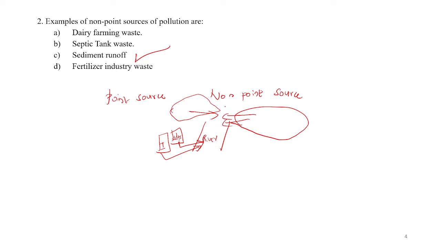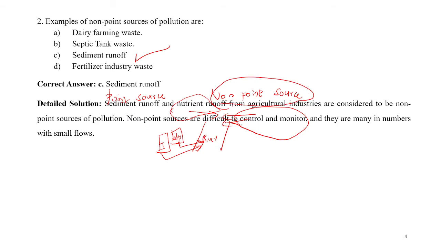Sediment runoff is another such example. So this type of pollution source is called a non-point source of pollution. So I hope the answer is clear to all of you. So let us move on to the next question.